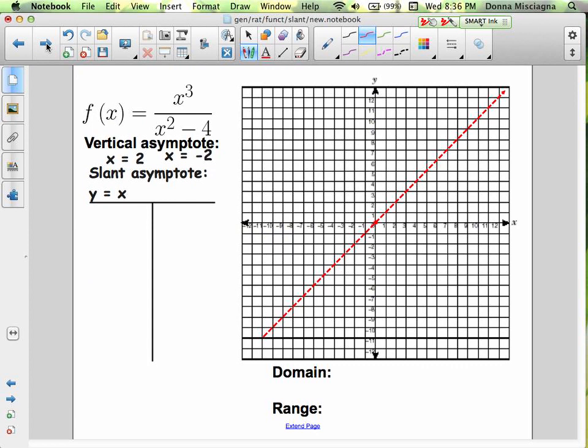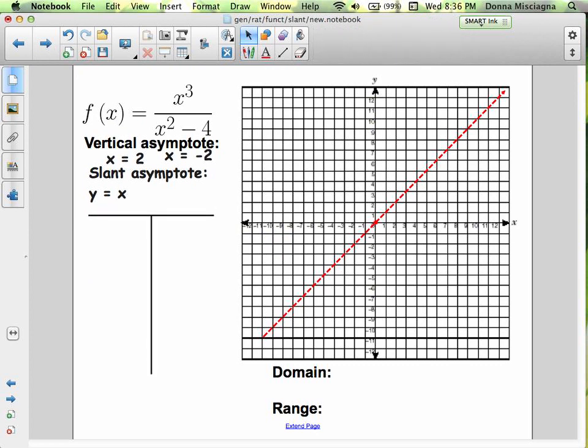We have that point. And so to graph our slant asymptote, we're going to graph the point 0, 0, right? Because our slant asymptote is the equation y equals x. All right, so that means it has a y-intercept of 0 and a slope of 1, right? So this is just applying to our slant asymptote.